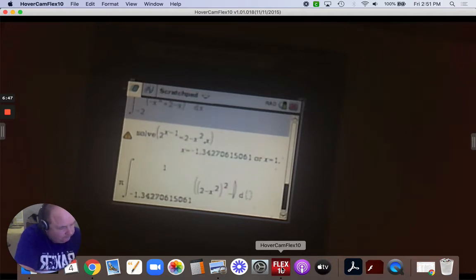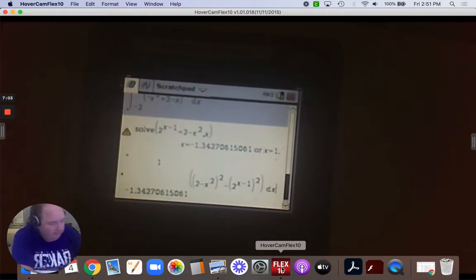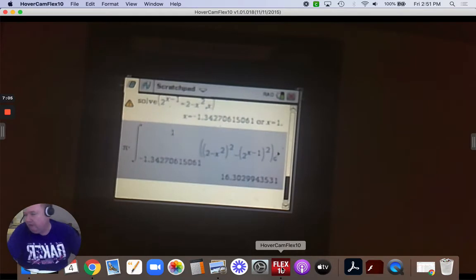Subtract another parentheses, and I'm going to type in 2 to the exponent x minus 1. Again, I'm going to square it, and that's dx. Just double check that it was typed in correctly, then go Control Enter. I check the answer key to see that I matched, and I did. So it's 16.303.